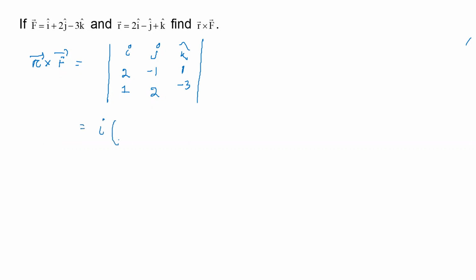Okay. So just by multiplying here, how much will we get? I cap into, minus 3 into minus 1 is 3, 2 into 1 is 2, so 3 minus 2. Plus J cap into 2 into minus 3, how much? Minus 6, 1 into 1, minus 1. Plus K cap, 2 into 2, 4, minus of minus 1, that is 1.